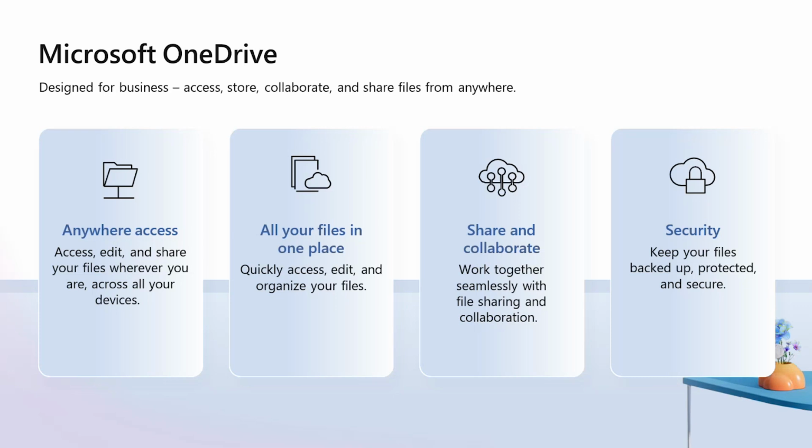You can also share and collaborate with files really easily through OneDrive, with multiple people or single people. There's a lot of sharing capabilities. We'll talk about those. And then lastly, your files are secure. They're backed up to the cloud. You can access those files offline on your computer, but make sure that you back them up to the cloud in order to keep them secure and protected.